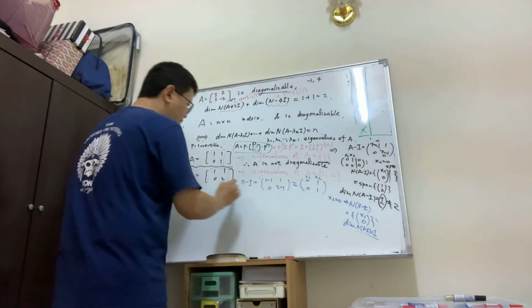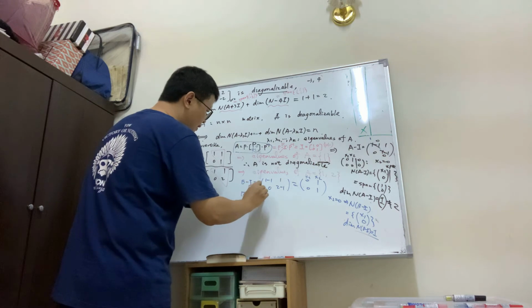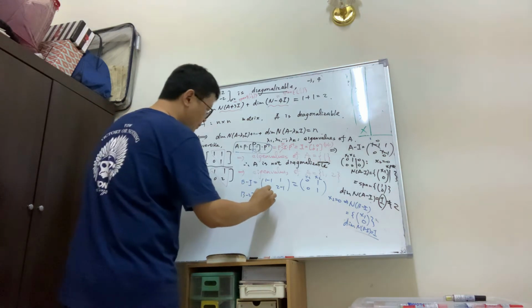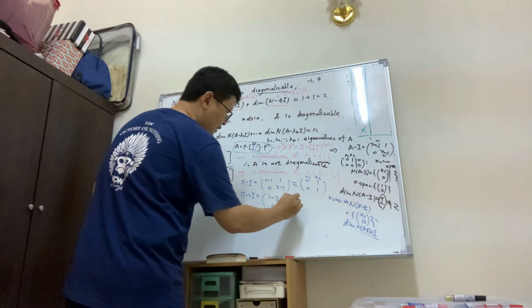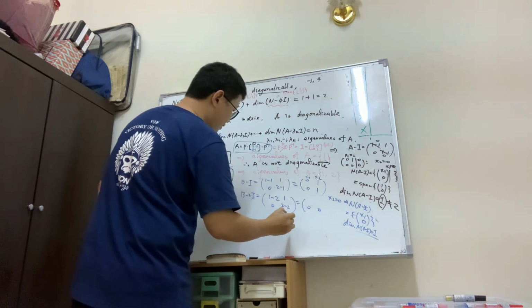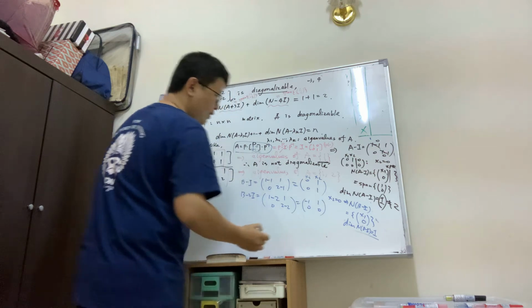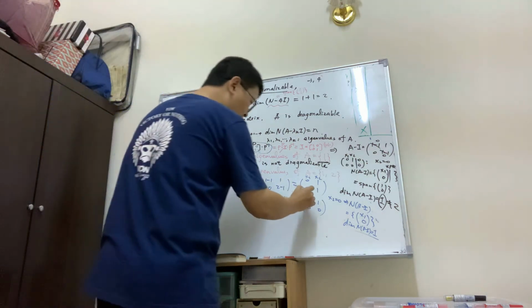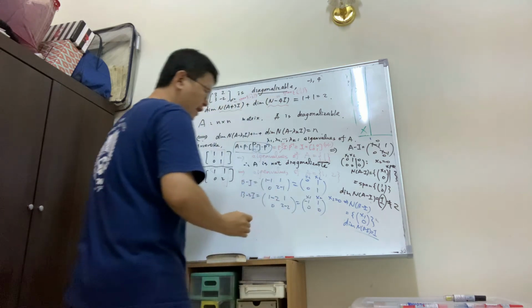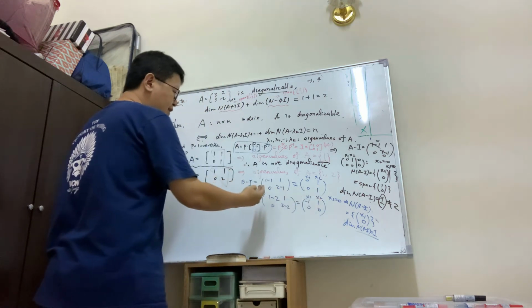And if you check B subtract 2I, you will have a similar result. It's [1 minus 2, 2 minus 2; 0, 1], equal to [negative 1, 0; 0, 1]. You also could see that its dimension equals 1. Here we have two variables, and one is a free variable, another one is a pivot variable.